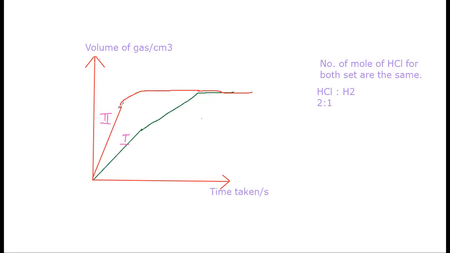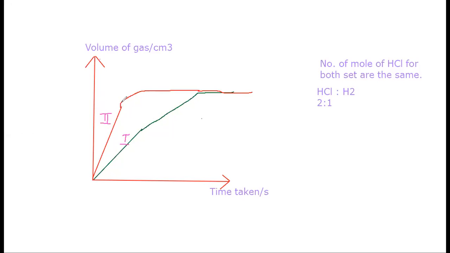Okay. Now I repeat, what I am trying to say here is, number one, from the two sets of experiment, we are sketching a graph on the same axis to show the rate of reaction for both sets of experiment. So I choose the axis to be volume of gas versus the time taken. I have two sets of experiment, so I will have two lines, the green and the red.